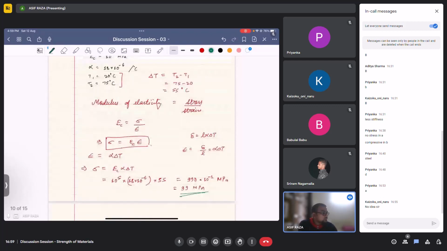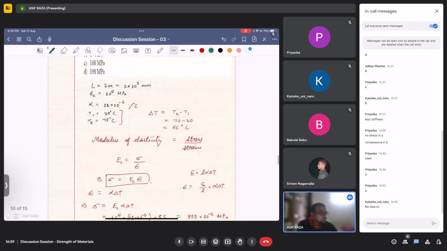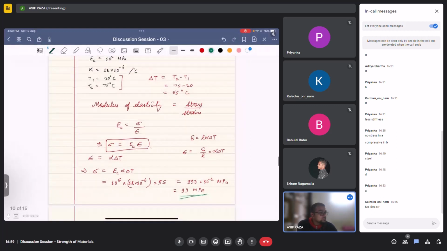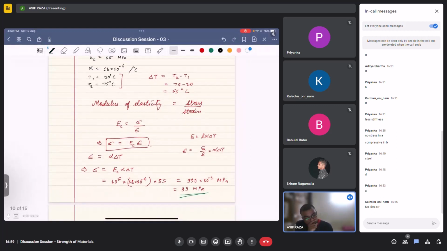So Shiva, I hope you got the idea. Why is it so? Due to temperature, the extension in the body is given by this. First, how would you find the modulus of elasticity? It's the ratio of stress upon strain, and we need to find the stress, while the modulus of elasticity is already given. You need to find the strain in the body, which is the change in length upon the original length.